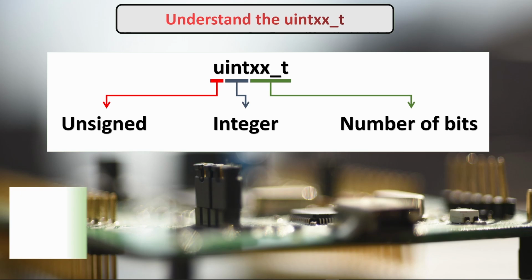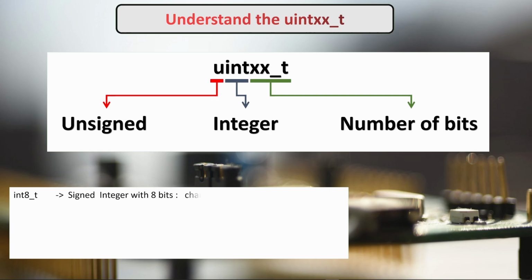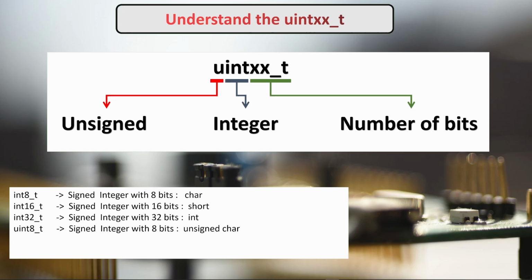Continuing this logic, int8 is a signed integer with 8 bits, int16 is a signed integer with 16 bits, which is a short, and int32 is a signed integer with 32 bits. After that, using the same logic, by adding the u, we get the unsigned versions.